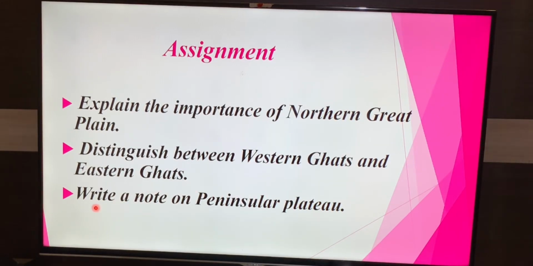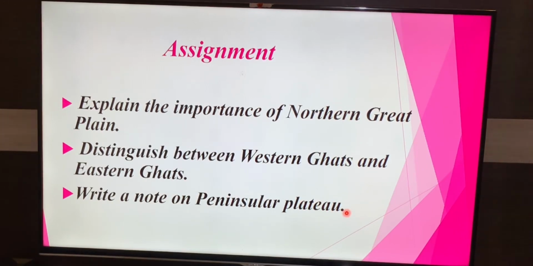Next, third question. Write a short note on Peninsular Plateau. Peninsular Plateau is the largest physiographic division in India. It was formed from the Gondwana landmass. It lies south of the Great Plain and occupies about 16 lakh square kilometers.